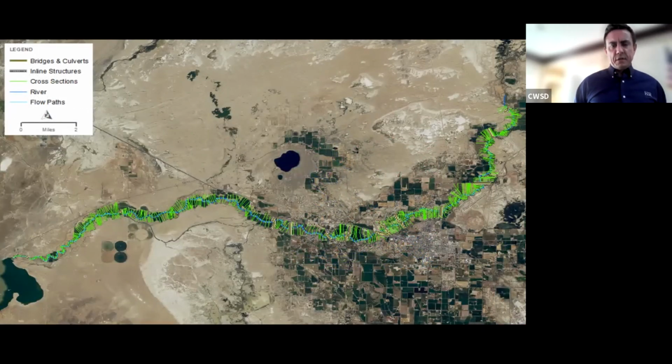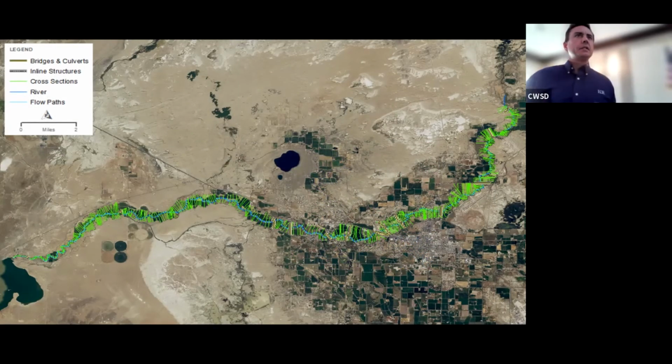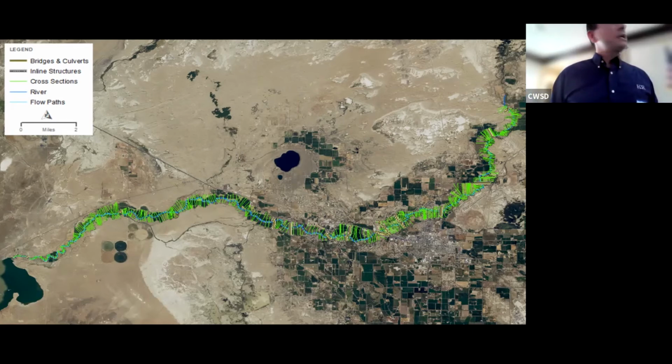So this is just kind of a picture of the actual model itself. Hydraulics are computed at each one of these cross sections, and it looks downstream and upstream to the next cross section and performs what we call a step backwater calculation to compute what the water surfaces are for each of these sections up and down the reach.